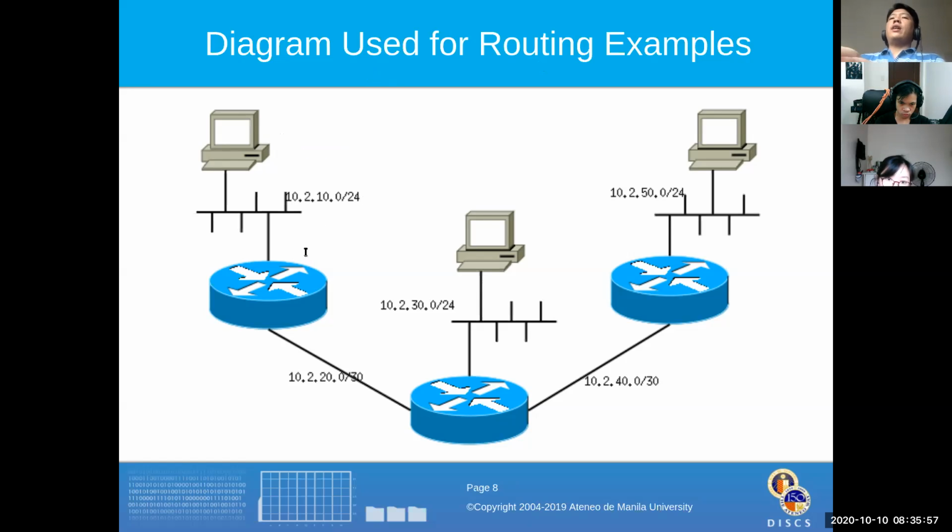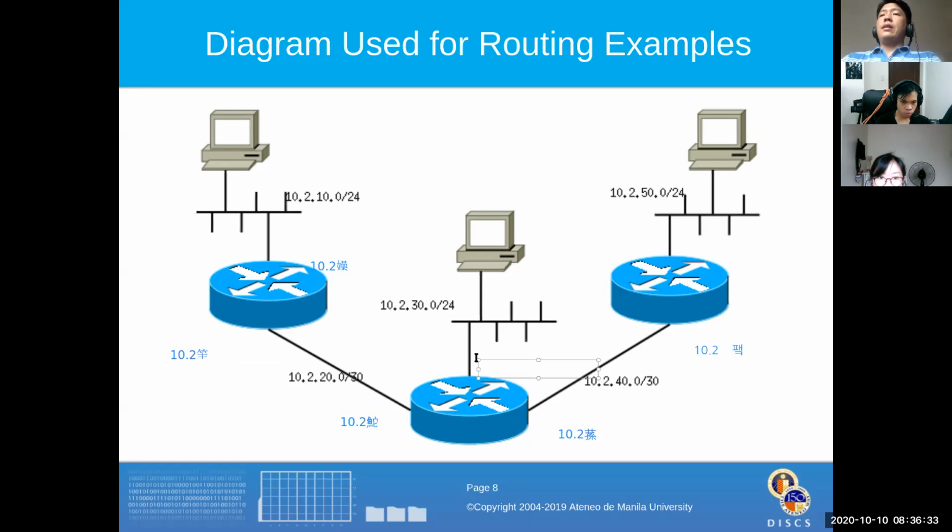Anyway, this one is 10.2.10.1. This interface here is 10.2.20.2, because this interface here is 10.2.20.1. Then this interface here is in the 10.2.40 network, so I can give this 1 and this guy 10.2.40.2.